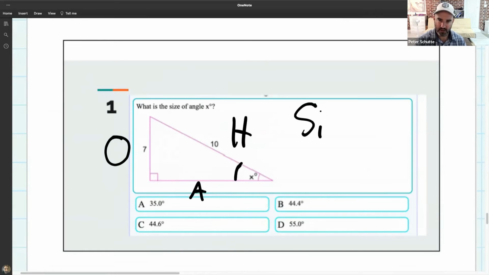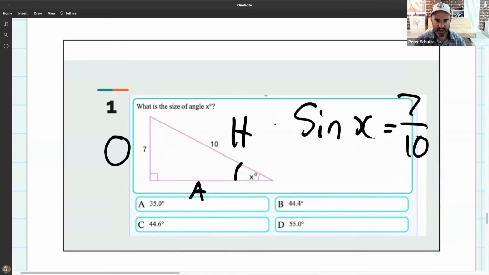So you write down sine, and when we say sine, we have to have a reference angle attached. So it's the sine of X is equal to what? Well, the sine of X is equal to O over H, so 7 over 10.